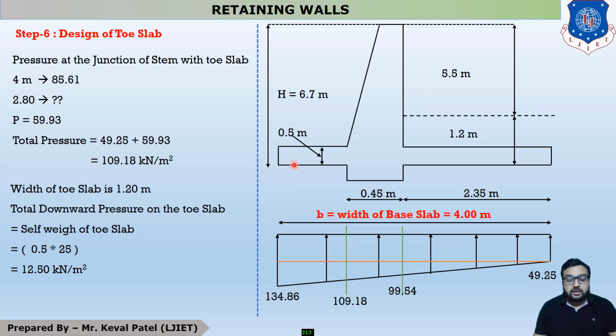Students, our downward pressure, the word is pressure. So what is the unit of pressure? The unit of pressure is kilonewton per meter square. So we have to find density into thickness, which is equal to kilonewton per meter square. Which material is provided in this portion? It is concrete.